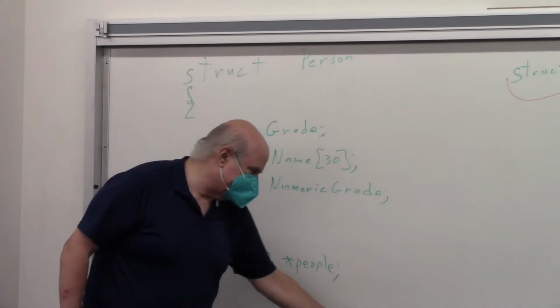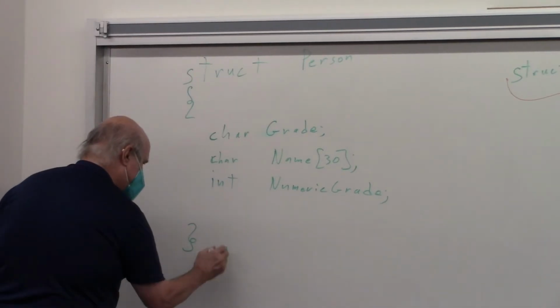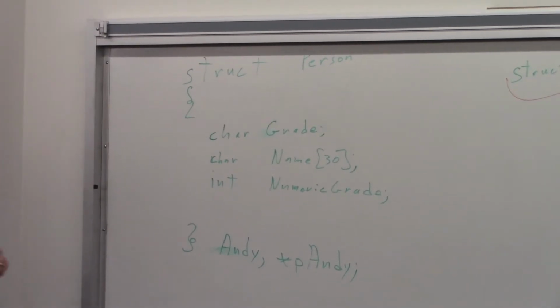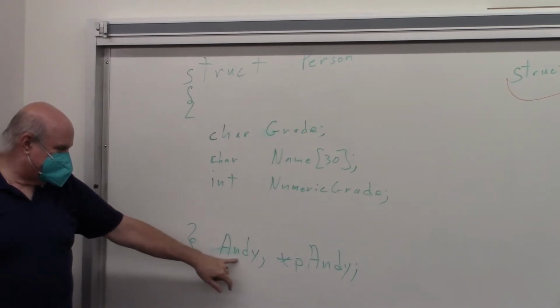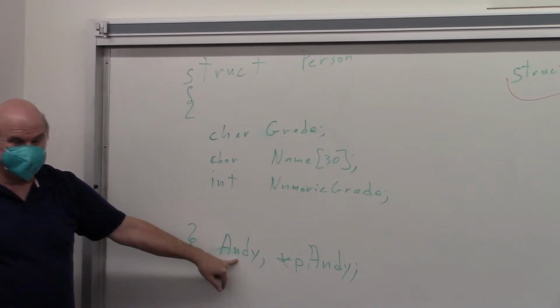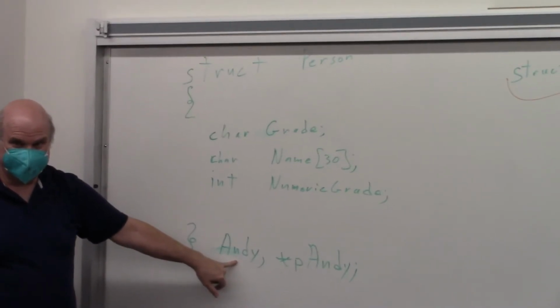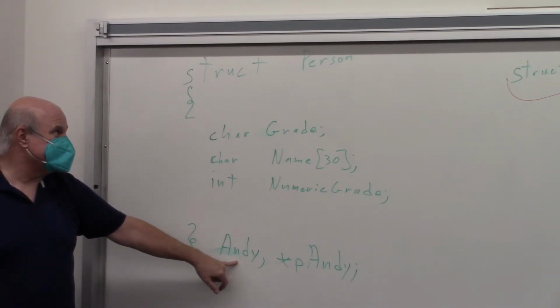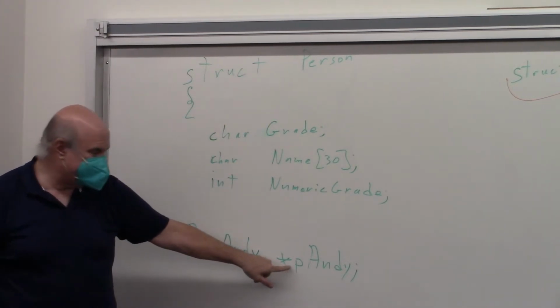Let's just change this to make it simpler, so we don't have any confusion. So we've declared a type called struct person. We've declared a variable of type struct person with the variable name Andy. We've declared another variable of type struct person pointer with the name pandy.